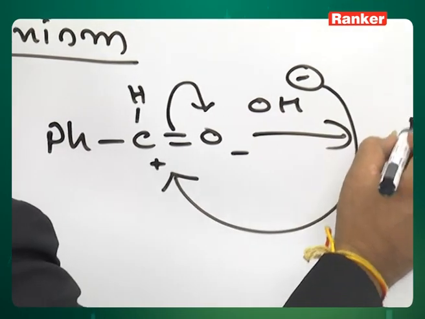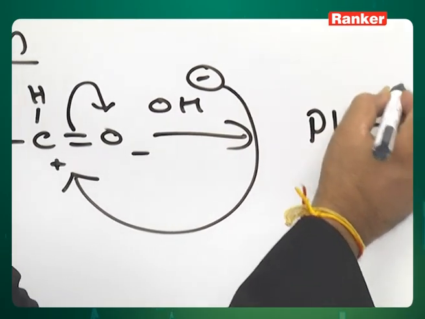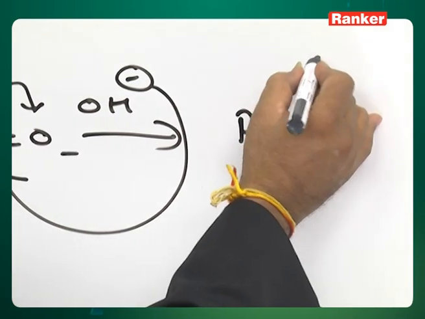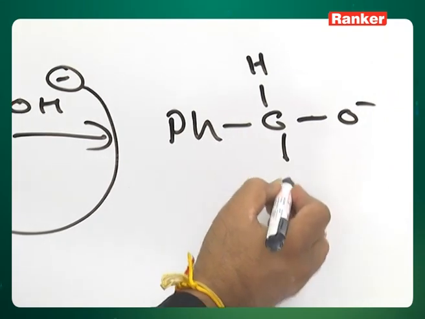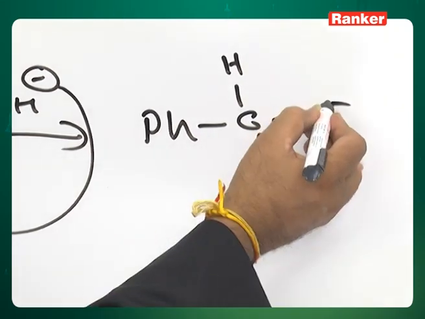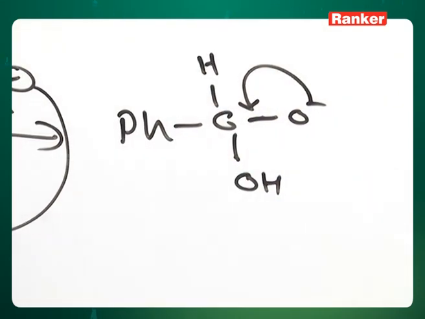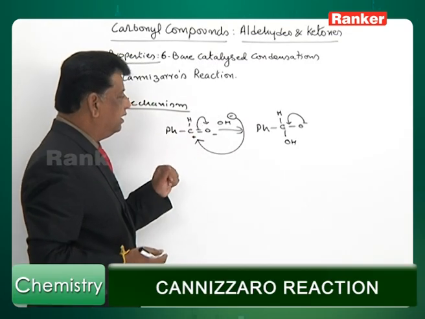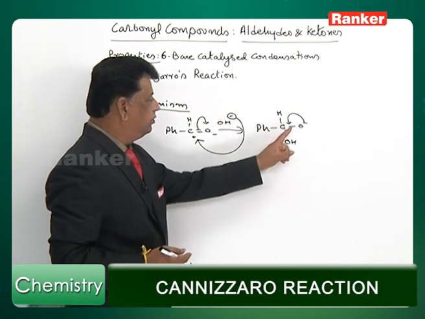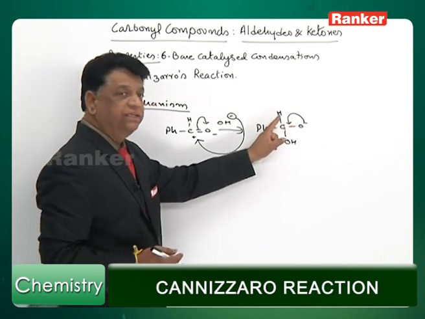Then consequently, you will get a phenyl with the C, the H, and the O becomes O minus, and there is an OH minus attack. When O minus comes back, again the double bond will be formed. Now, the newly added OH has come, so if this becomes a double bond, there would be five bonds.